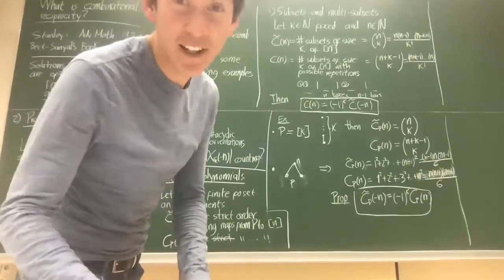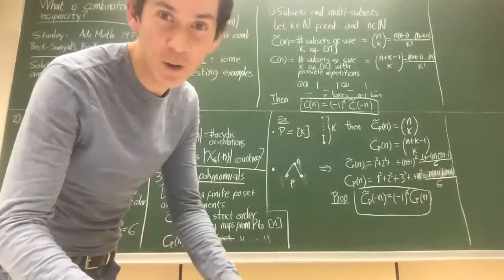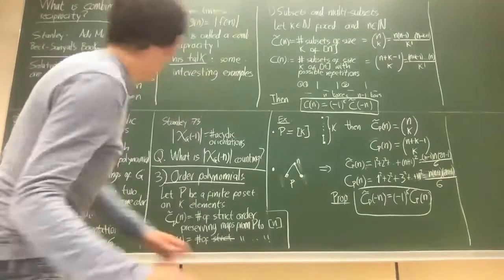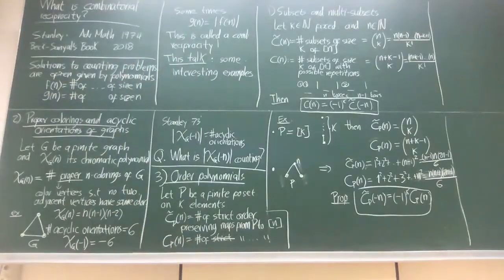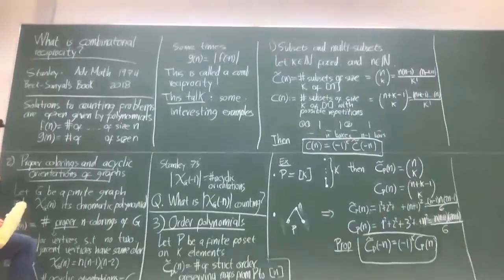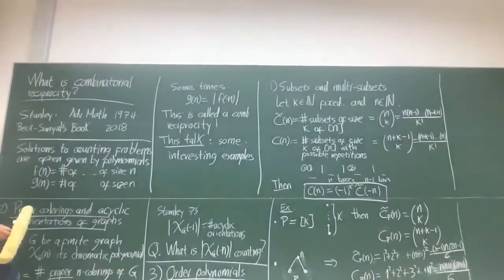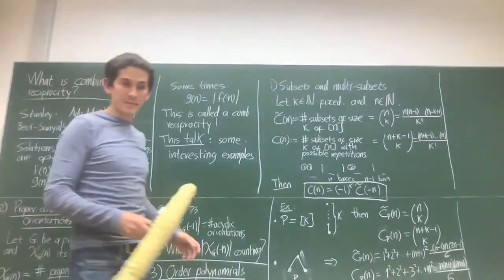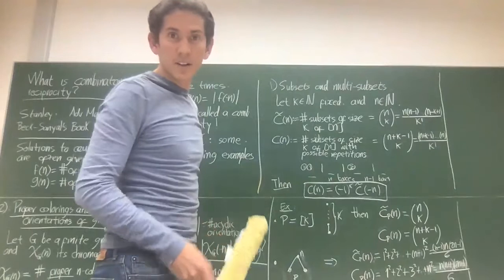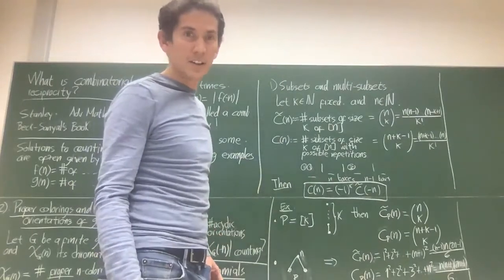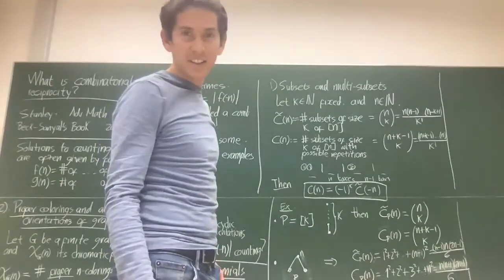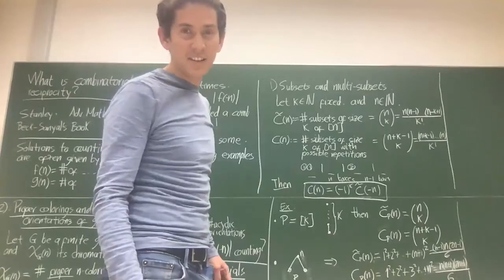Okay, so let me erase a little bit the board and then I will go for the next example. So how is this connected to Ehrhart theory? So if I plug in minus n, then I also get the integer points inside. So I have strict and not strict in Ehrhart theory.